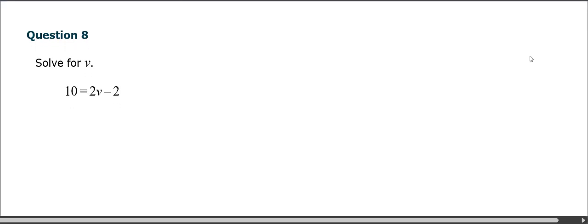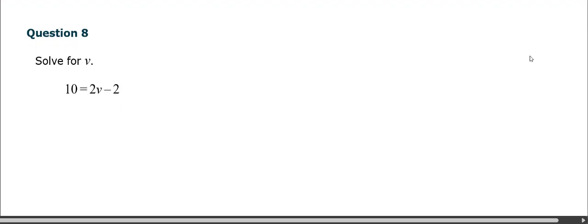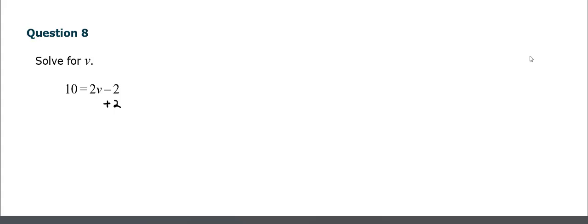Our next problem, solve for v, and we have 10 equals 2v minus 2. So again, nothing to do as far as combining like terms on either side. So now we're going to isolate. So I need to get rid of the minus 2 by taking its opposite, and what I do to one side I do to the other side to balance the equation.